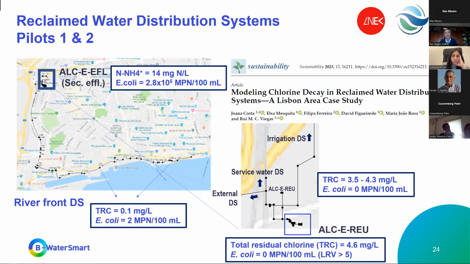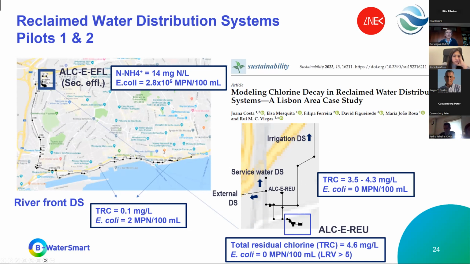It was not fully disinfected before dosing the chlorine, of course. We had a dosing of chlorine of about 4.6 milligrams per liter. No E. coli detected after disinfection, and in the irrigation distribution system we had a high level of chlorine because it was very near to the dosing point of chlorine.